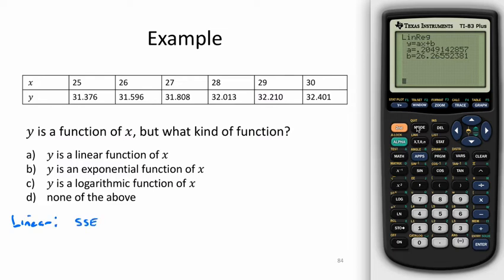The linear SSE, let's calculate the sum of the built-in residual list squared. Sum of squared errors is 5 times 10 to the minus 4, approximately.